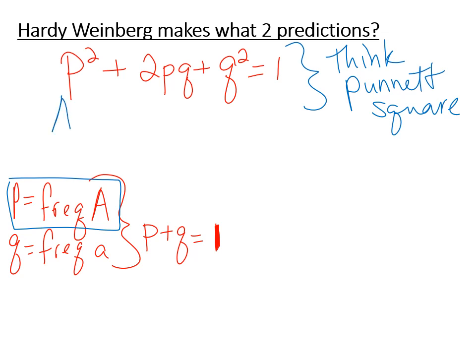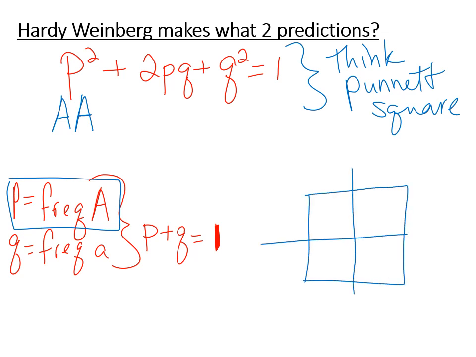P squared means capital A times capital A, right? Which you know from your Punnett square, when we have 2 heterozygotes crossed, you have that one doubly dominant genotype possible.